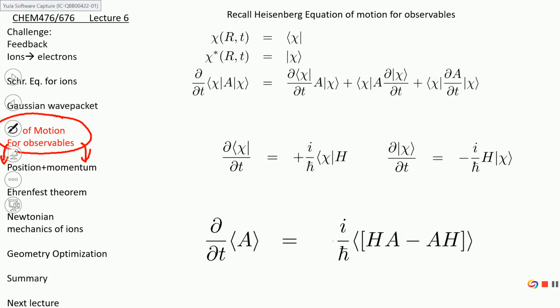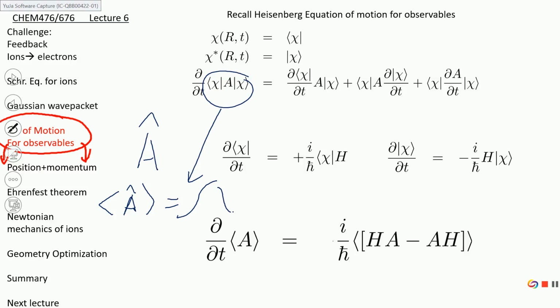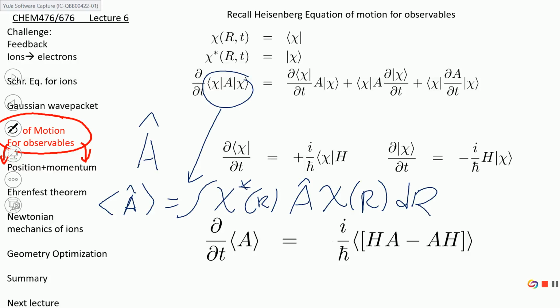So if we have an arbitrary observable and we do have a quantum operator for this observable, then the expectation value will be the integral of the wave function, times the operator, which is typically a combination of derivatives or stuff like that, times the wave function with a star. Otherwise it is denoted in the Dirac notation.